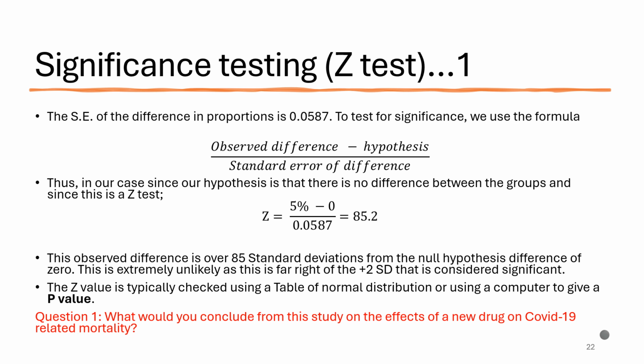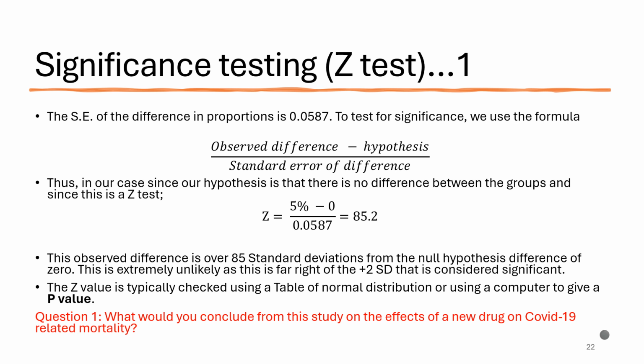The z-test produces a z-statistic, see? And it's basically the observed difference minus the null hypothesis divided by the standard error of the difference, right? So because we calculated a difference, the null hypothesis is that the difference is 0, right? And the alternative is that the difference is not equal to 0.